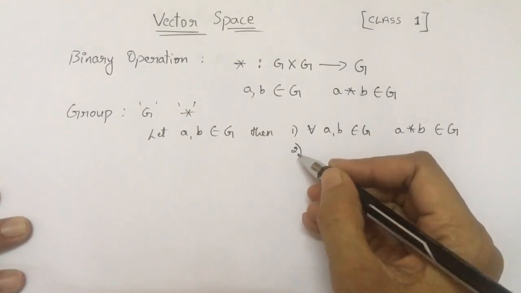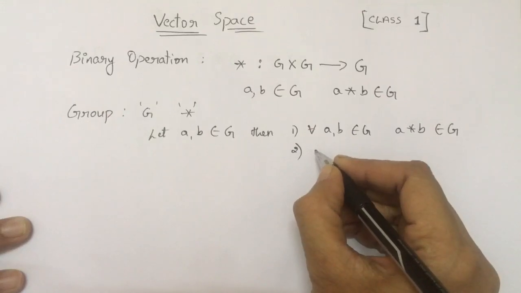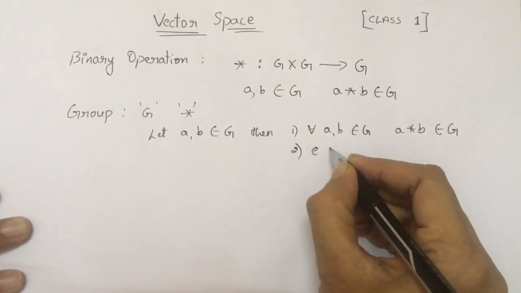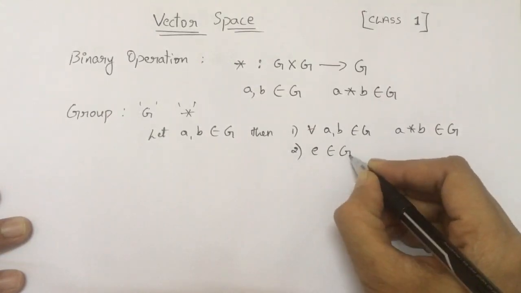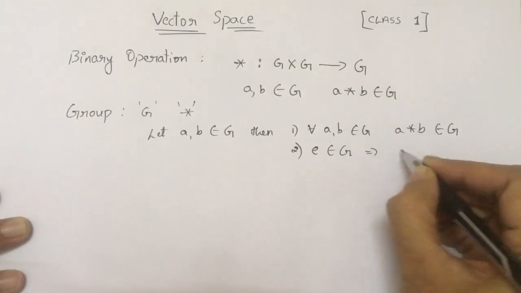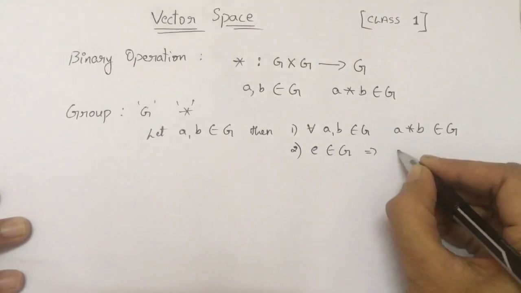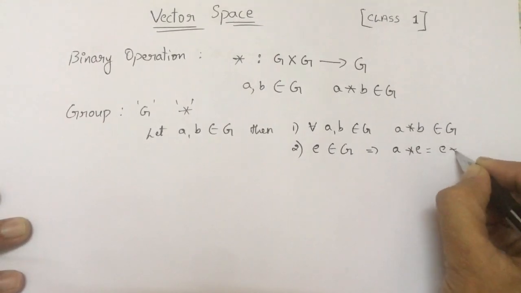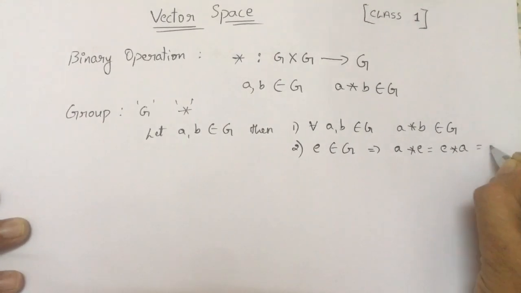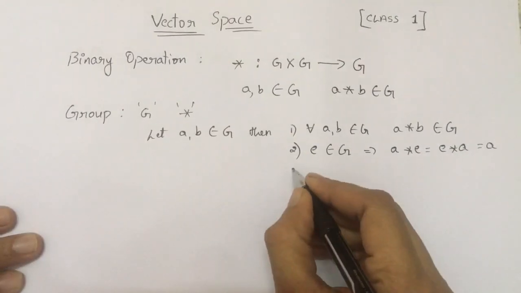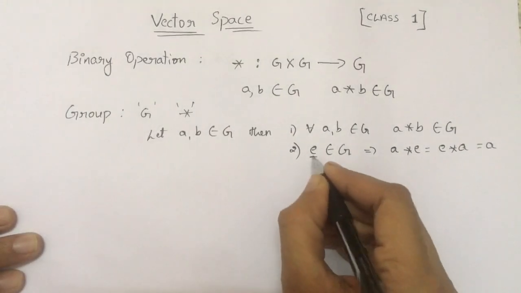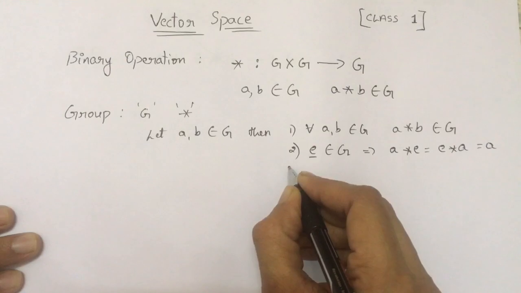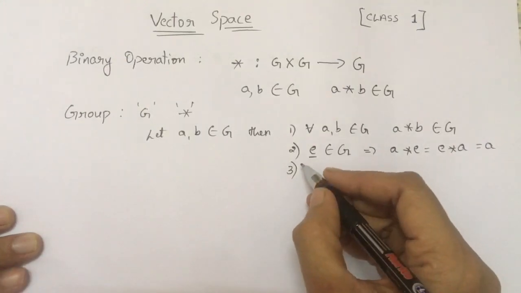The next property: for any element A in G, there exists an identity element E, such that A star E is equal to E star A, which is nothing but A. That means an identity element exists.